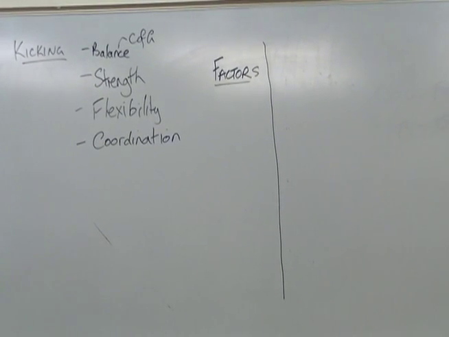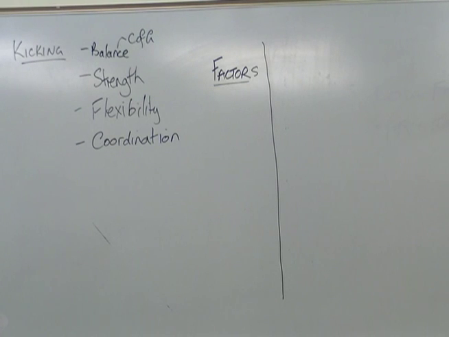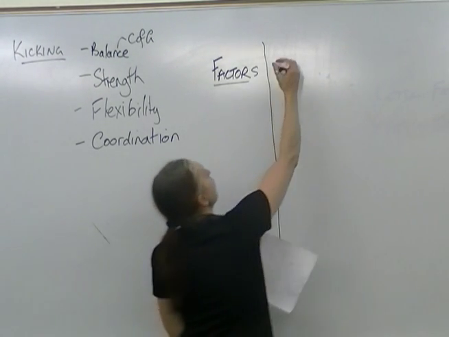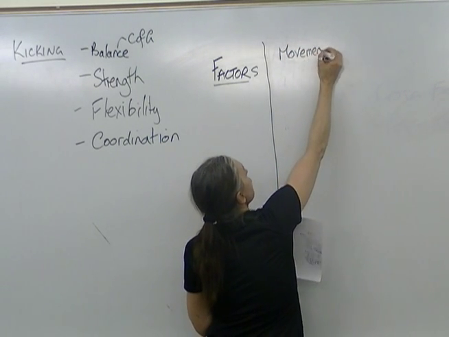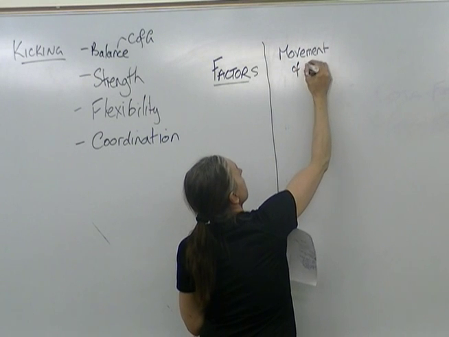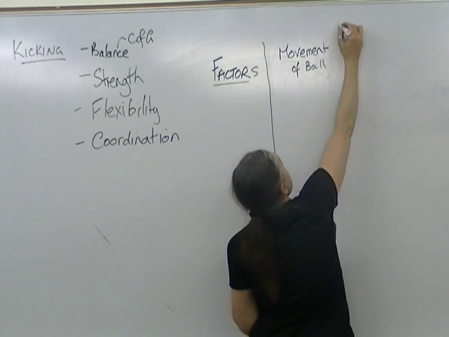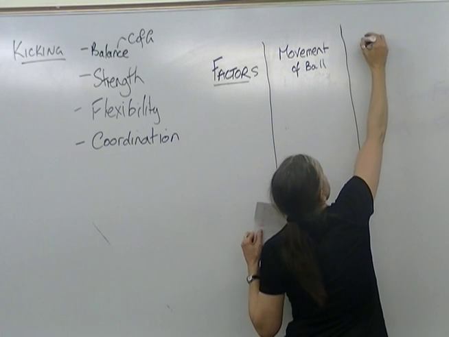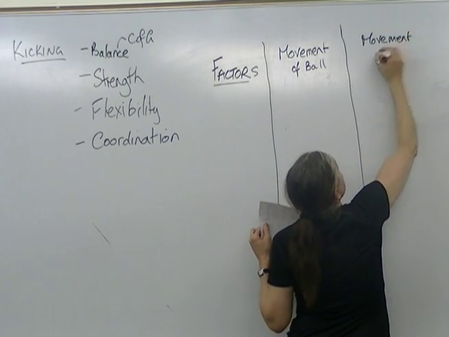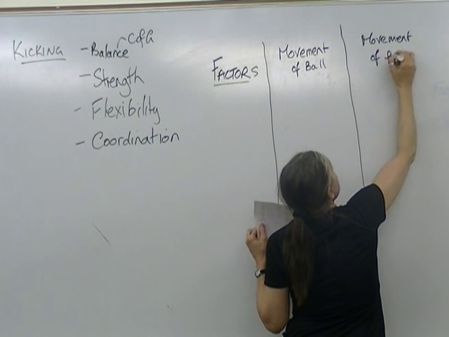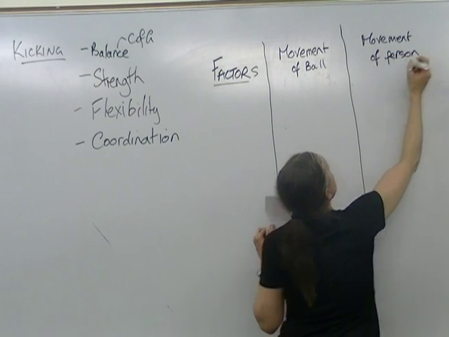What is the simplest version of me kicking a ball? Standing, right? So if I think about movement of the ball, that's my task constraint. I can also have movement of the person, which would be another task constraint. Okay.